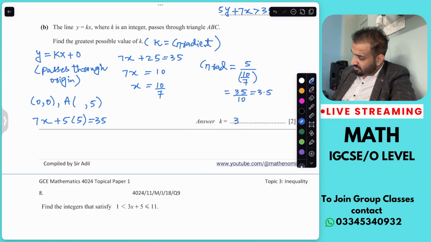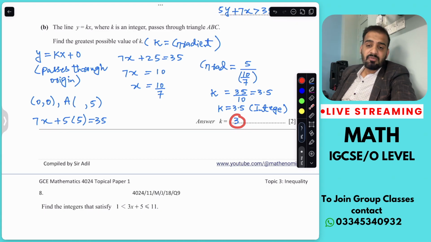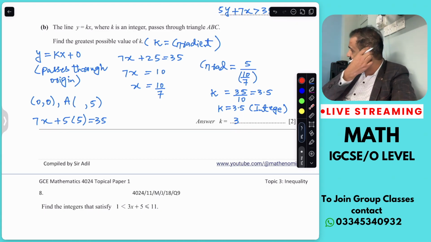The gradient is 3.5, but it must be an integer, so to make it an integer, I will write the maximum value less than 3.5, which is 3.